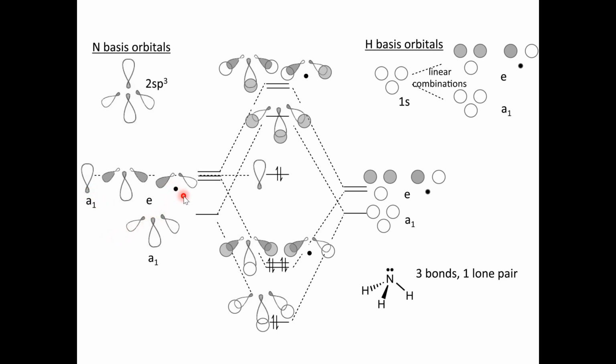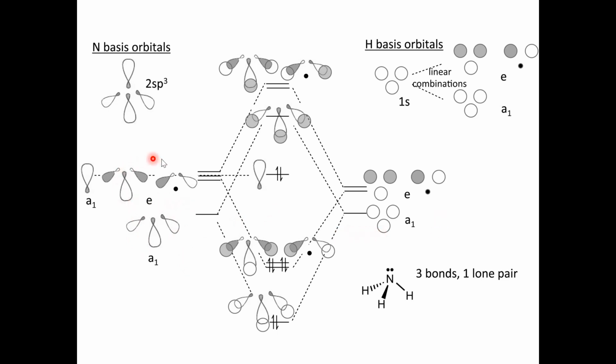Okay, and for these other sp3 orbitals, I'm just doing here the same thing I did for the hydrogen atoms. I'm just applying the same symmetries, because I know already that I have to construct orbitals of the same symmetry to make bonding and anti-bonding states with the hydrogen atom.